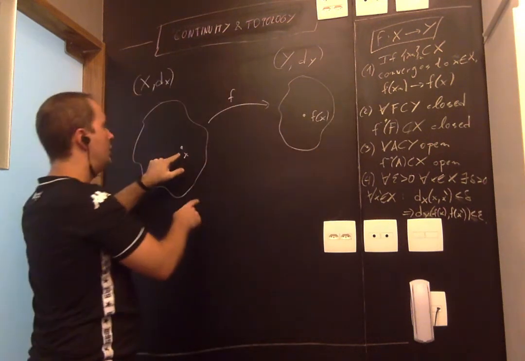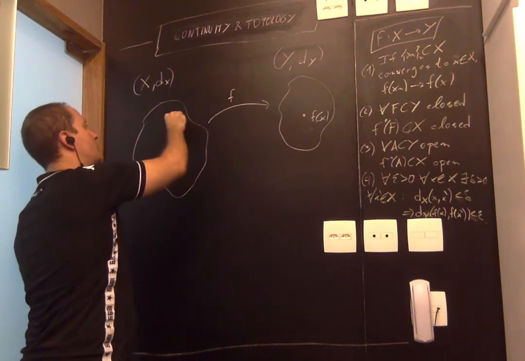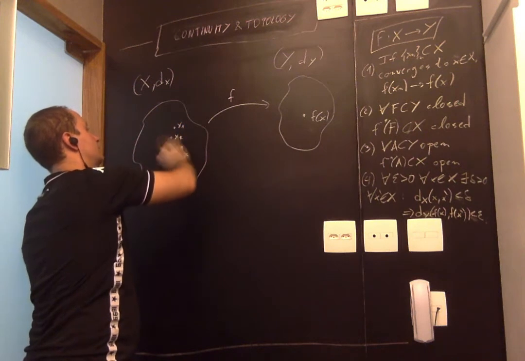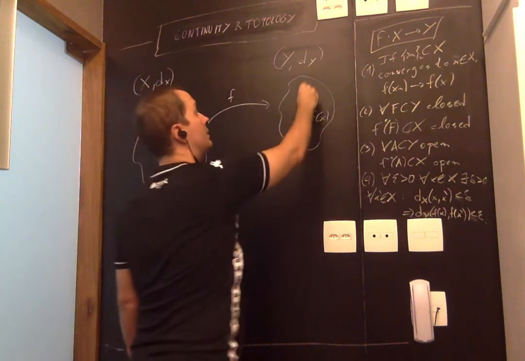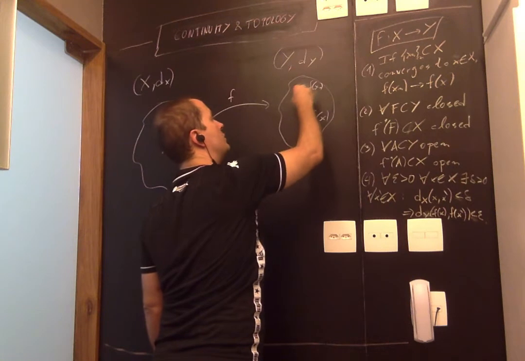If I look at a point x here, it's mapped to f of x. Now, condition number one says that if I take a sequence of points that converges to x, the sequence is mapped to something that converges to f of x as well.